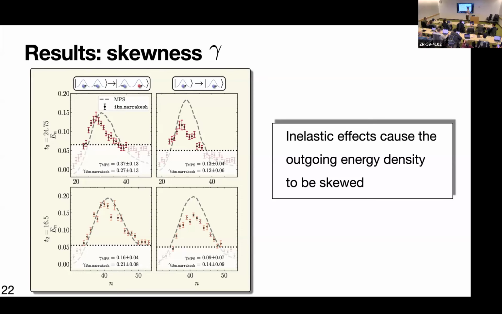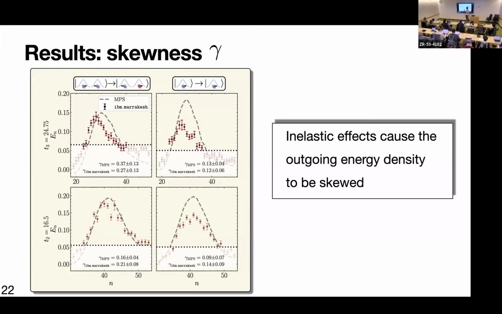But we also see that the skewness gets contributions from noise. I mean, there are pretty significant systematic errors here. So how do we know that what we're seeing is not just due to noise? The way that we diagnosed this was by running an additional simulation where we just had a single particle propagating.